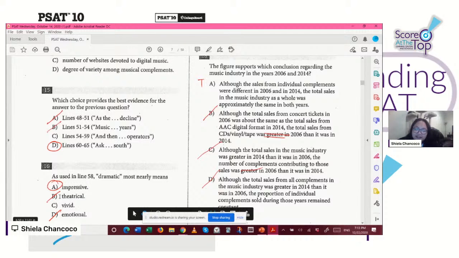So it's not theatrical, it's not with regards to theater. Vivid, and you're like, I don't know what vivid means. Vivid just means it's clear, and that's not what they said. Clear increase, that's not really it. But it's also not emotional, like you're a dramatic person. It's talking about a substantial increase. So it's definitely more closely related to impressive.